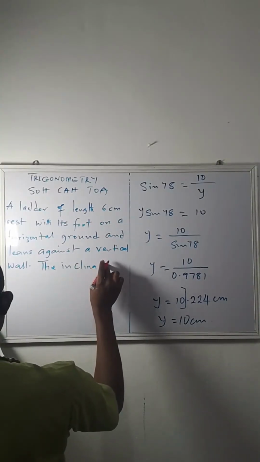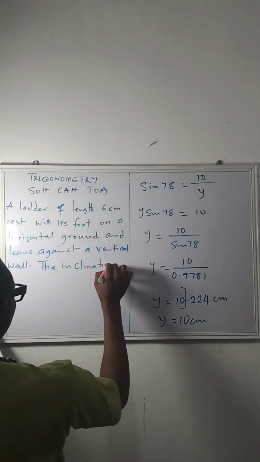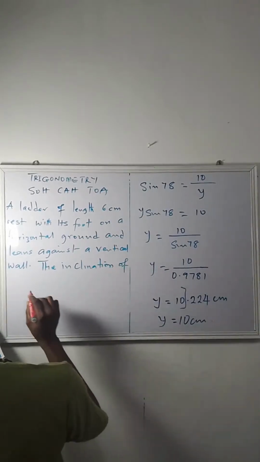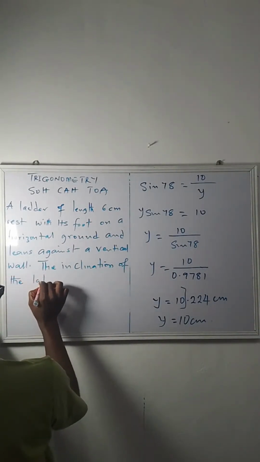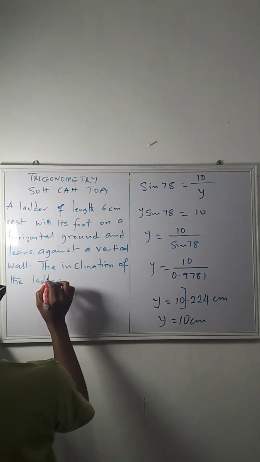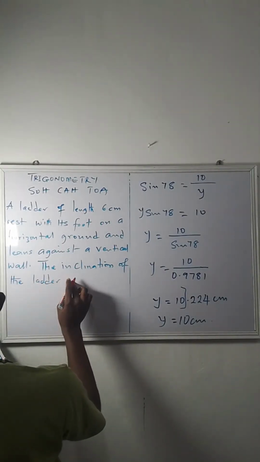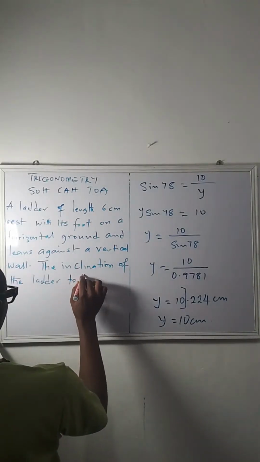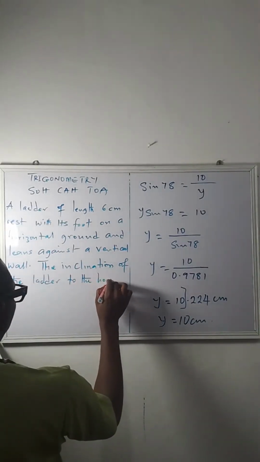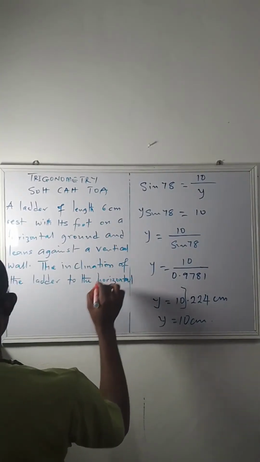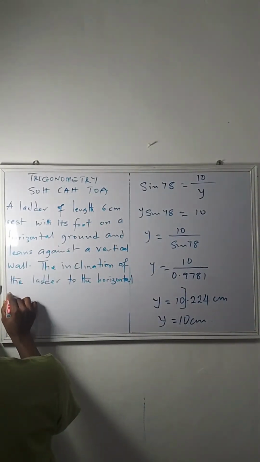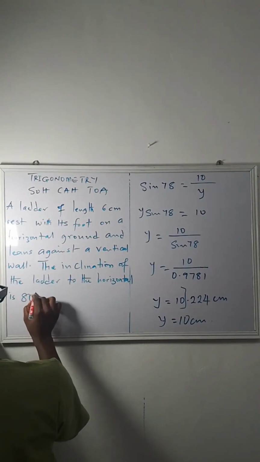The inclination of the ladder to the horizontal is 80 degrees.